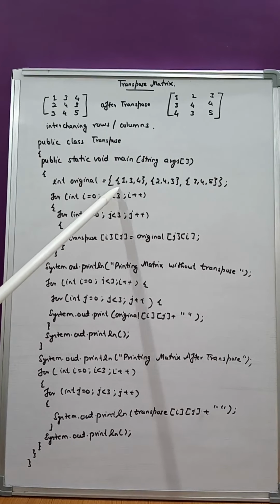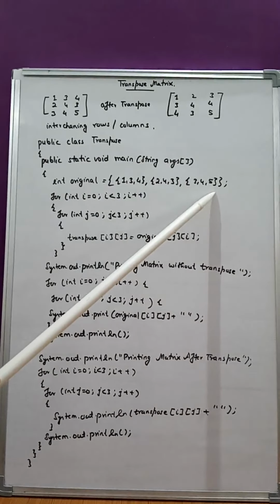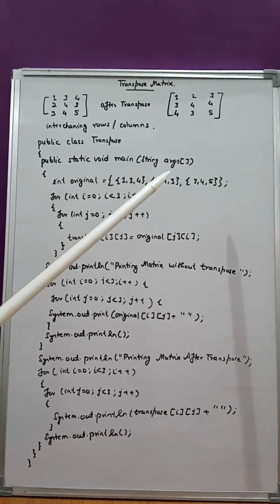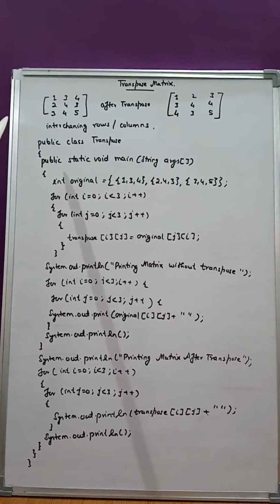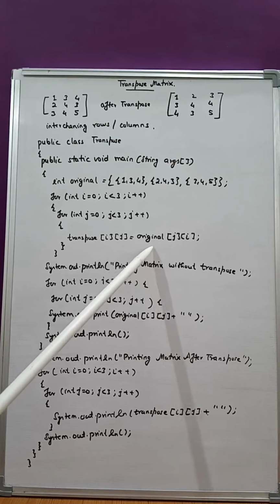After this we need to traverse the elements and replace the elements in the row with the column. So we have taken two for loops for the row and column, and we have taken one more matrix by the name transpose.